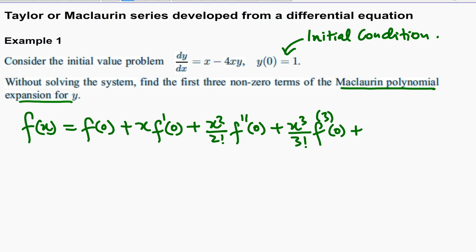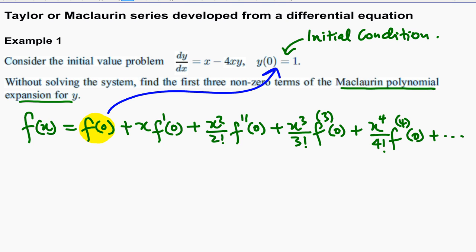We may have to go up to the next term, so I'll just write this one here. I'm not sure about that, but maybe we might need it. Okay, so what we have to do now is find these coefficients. Fortunately for us, this one is already given.